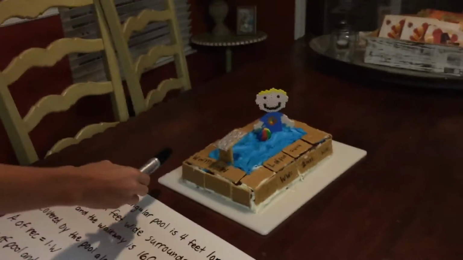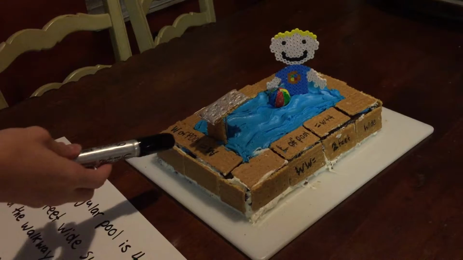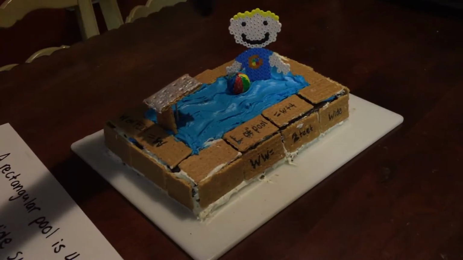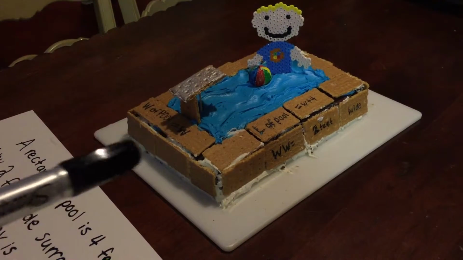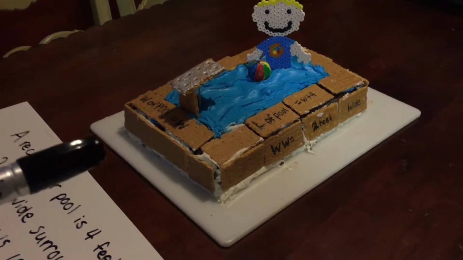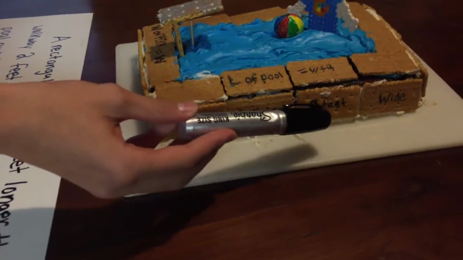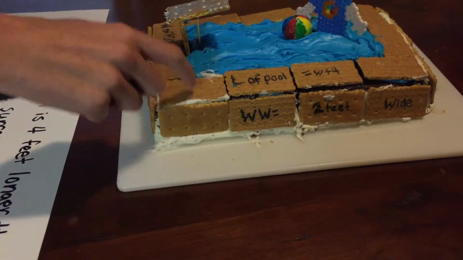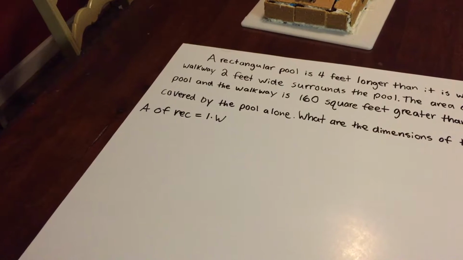The width, which is this whole side and this whole side, is represented as W. And then the length, which is this whole side and this whole side, is represented as W plus 4 because the length is 4 feet longer than the width. And then the walkway is 2 feet wide. So like this part right here, it's 2 feet wide.